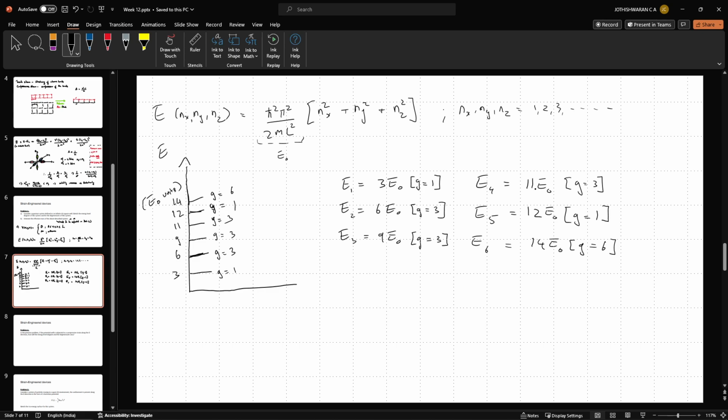Like here, this is 3, 1, 1, or 1, 3, 1 and 1, 1, 3. So one of the quantum numbers is 3 here. Here all are 2, and we find out that that is a higher energy state than the previously considered E4. Again, that comes directly from the expression for the energy. So this is question 1.